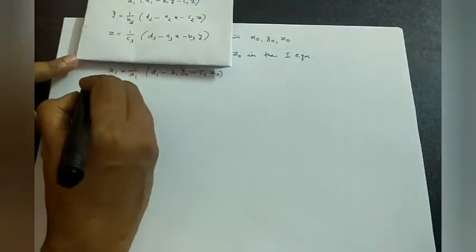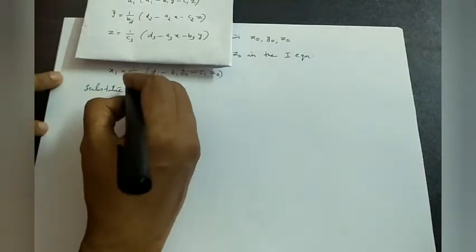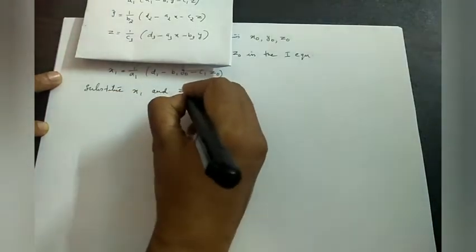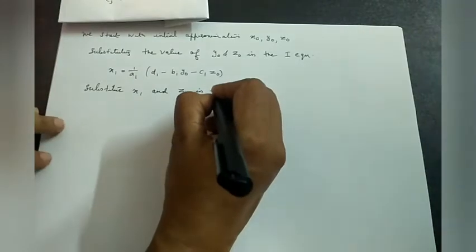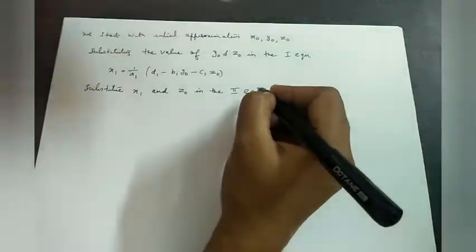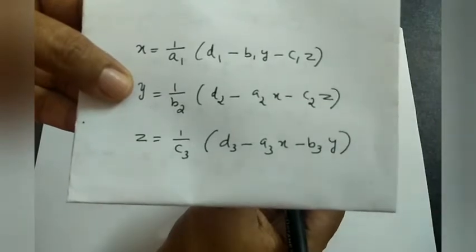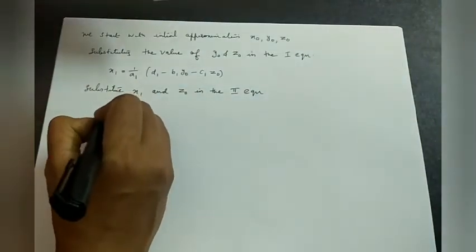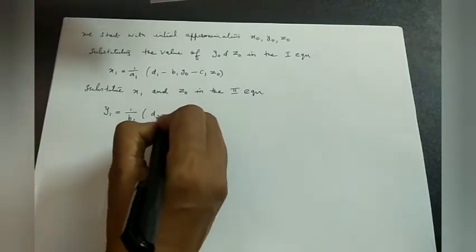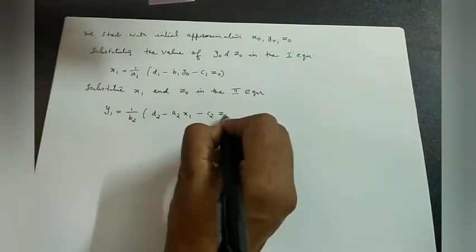I substitute this x1 and z0 in the second equation. Second equation means in this set put x1 and z0 in y, so that we will get y1 is equal to 1 by b2 into d2 minus a2x1 minus c2z0.